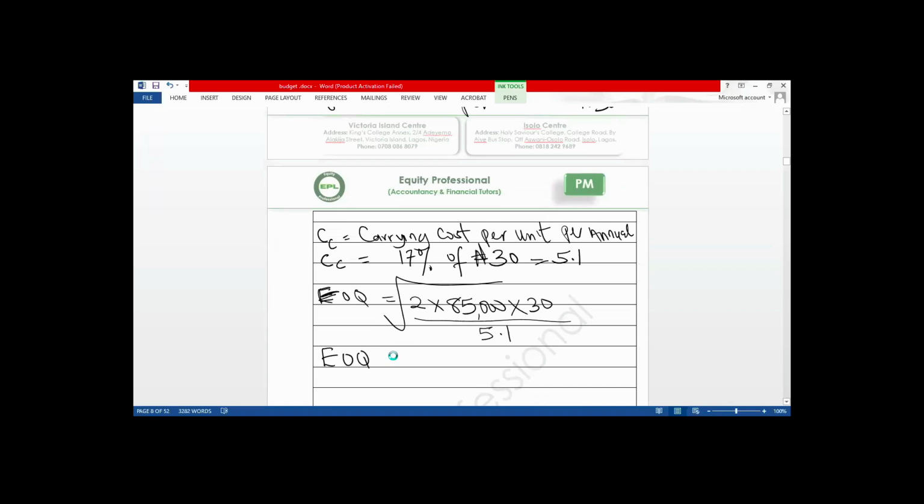Yes, 1,000 kg. I didn't say 10,000. What do you say? 1,000. Okay, that's fine.